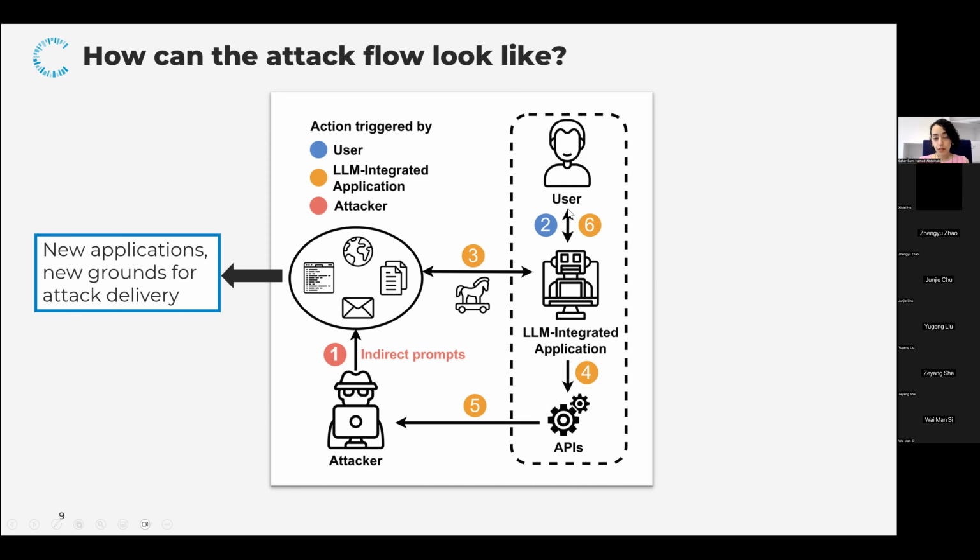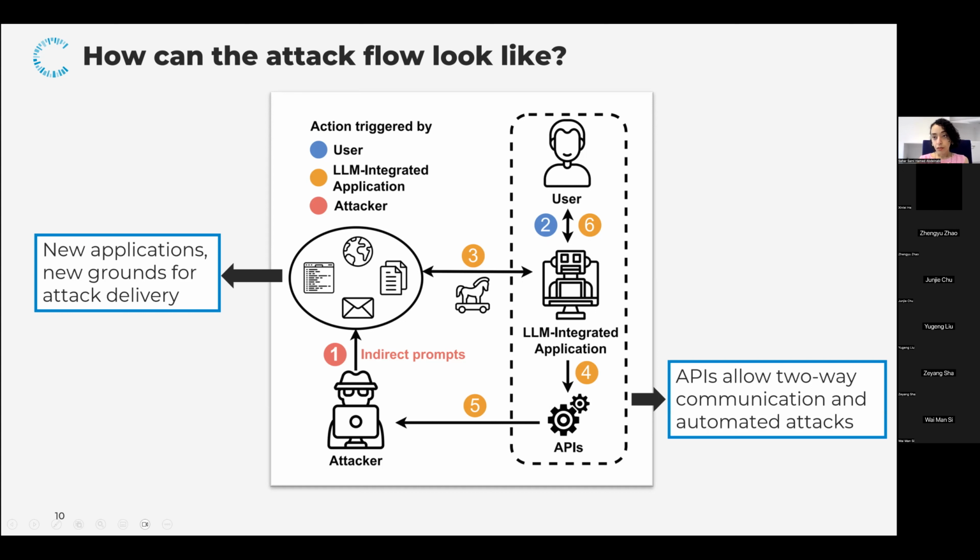Now, when the user starts to interact with the system, like "tell me today's news" or giving some search queries, the model attempts to retrieve some data, and along with that, the prompts are also retrieved. From this point forward, the attack process will really depend on first the application and the attack's goal.